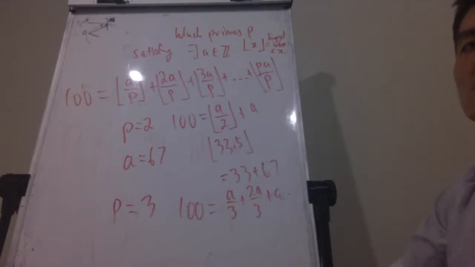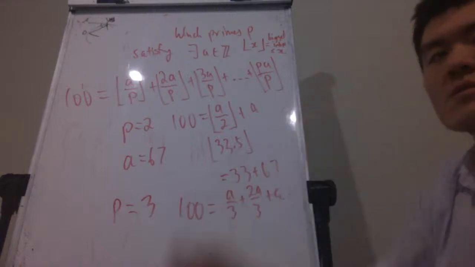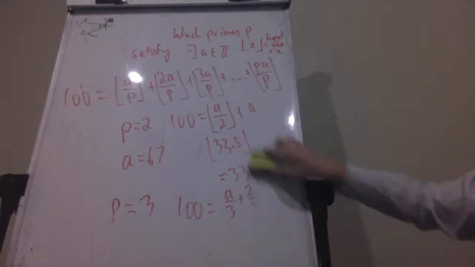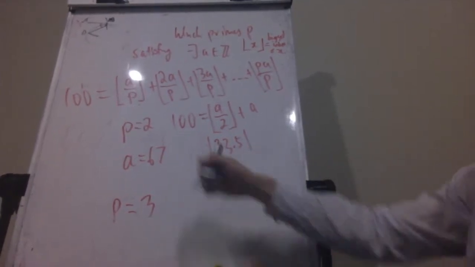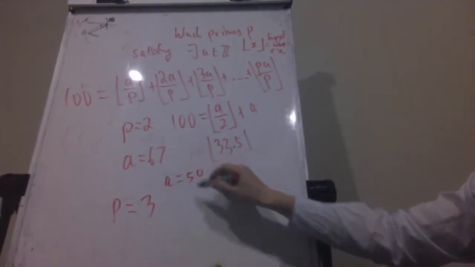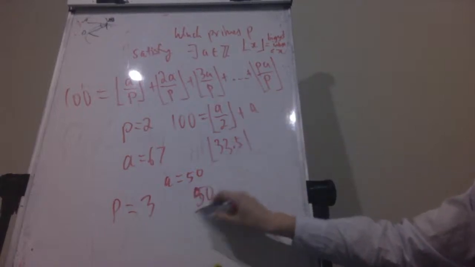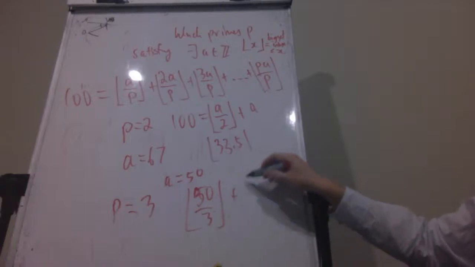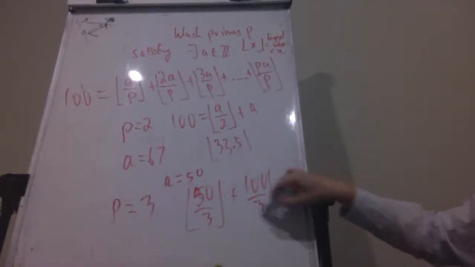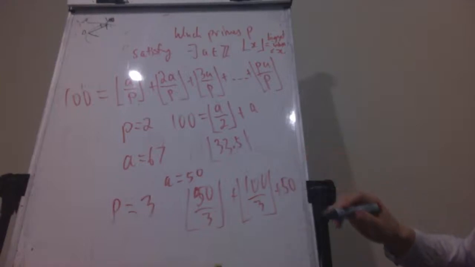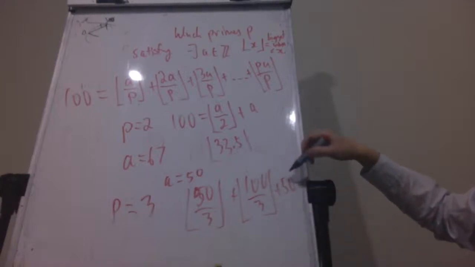Yeah, so can you tell me if P equals 3 works or not? I think it works. P equals 3, what would A be? 50. So if A is 50, this is 50 over 3 plus 100 over 3 plus 50, plus 150 over 3, yeah?